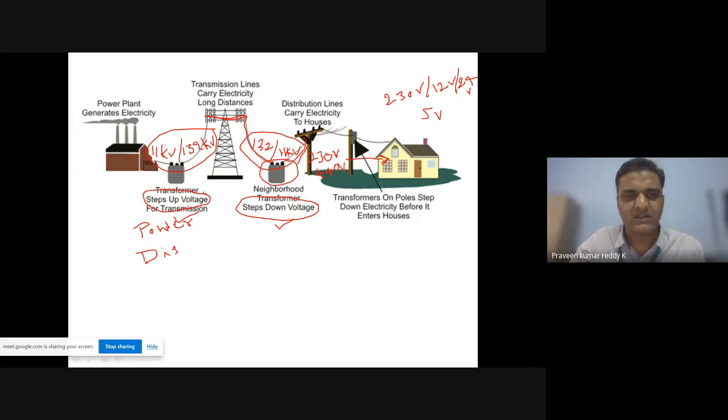Based on the voltage ranges we classify them; they distribute to the houses, which is why they are called distribution transformers. And the small transformers which we have in electronic appliances like TVs, laptops or any other device, we can call electronic transformers.